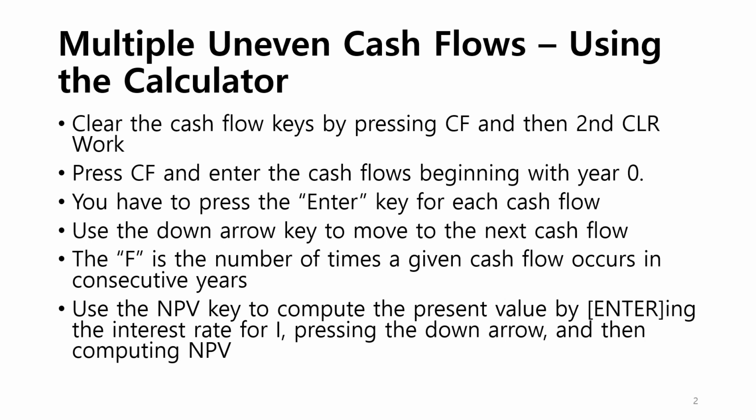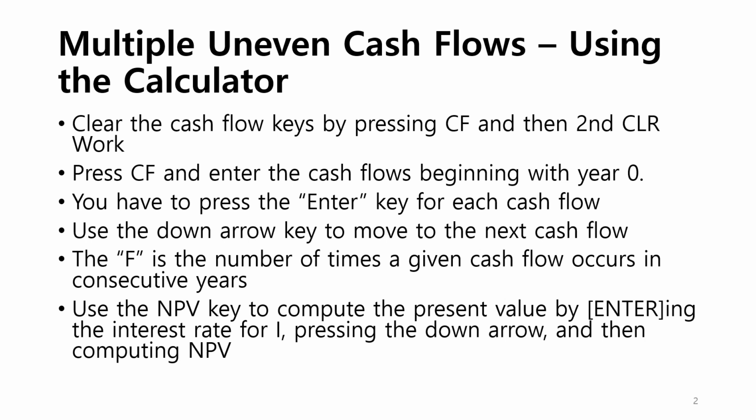Then you just input the amount of cash flow that occurs in period 2, if there is such cash flow, and then press enter. Press the down arrow key, then you will find F02 is equal to blank. You just input an appropriate number, press enter, and press the down arrow key, and so on.